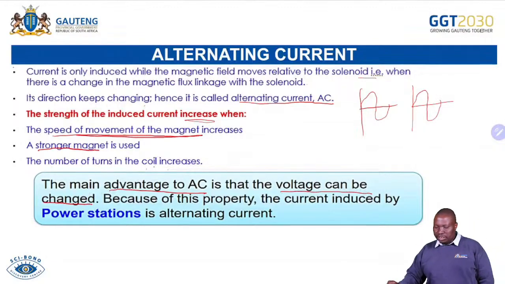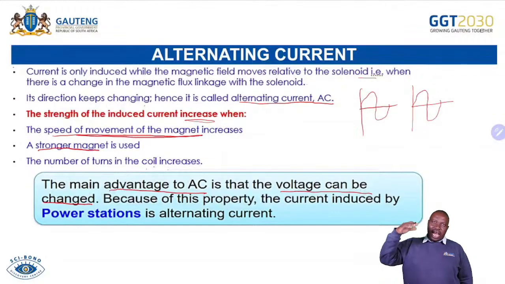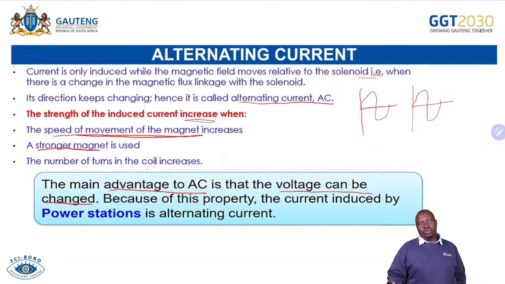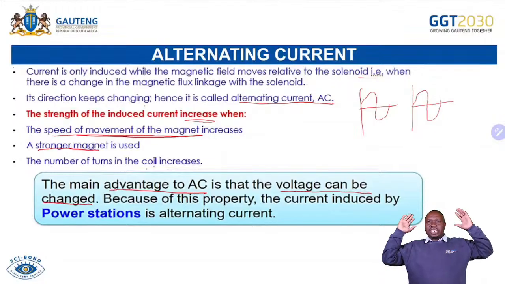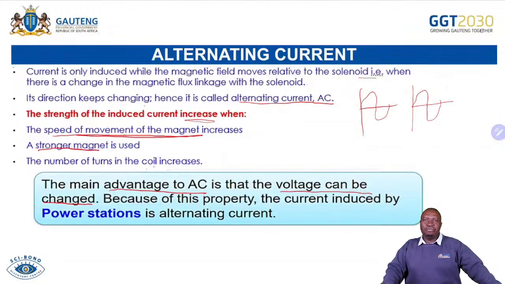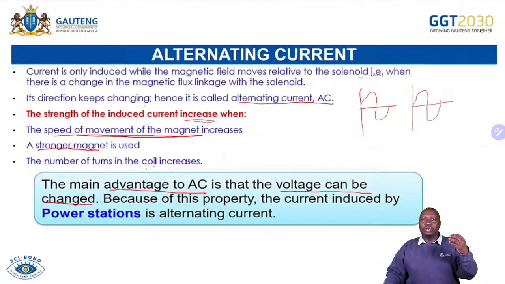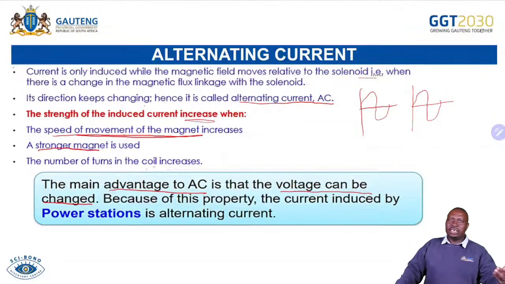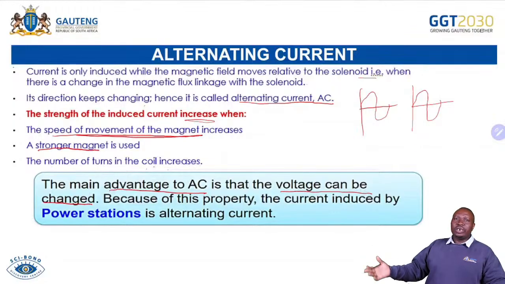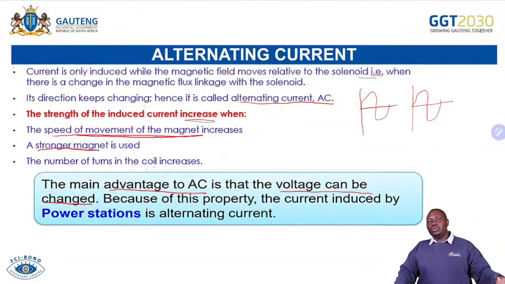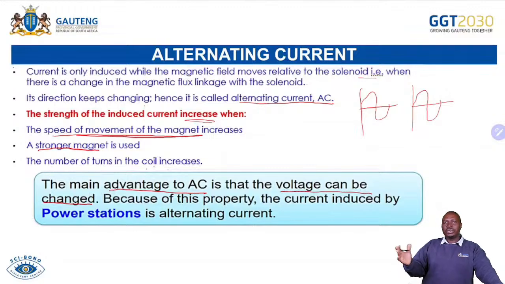This voltage can be stepped up and stepped down. So we can transmit large amounts of voltage, but then we have power stations that can reduce that load, so that the one that is transmitted to our homes is what we need, which is usually 220, 230, 240 volts around there.